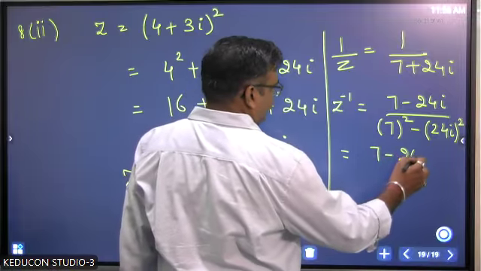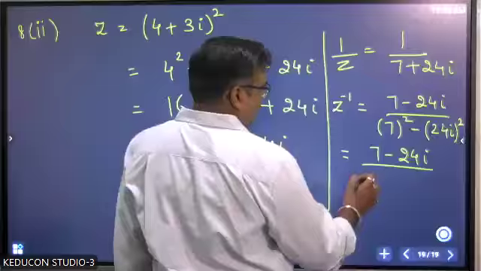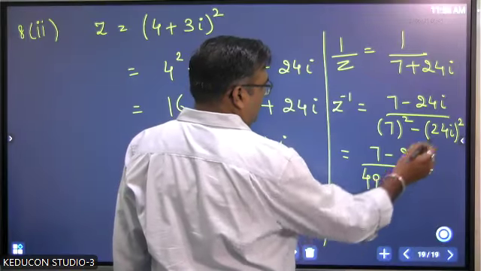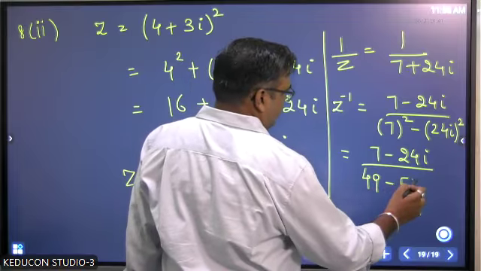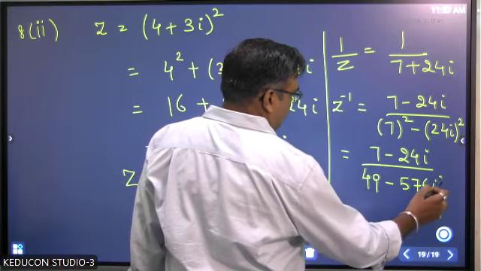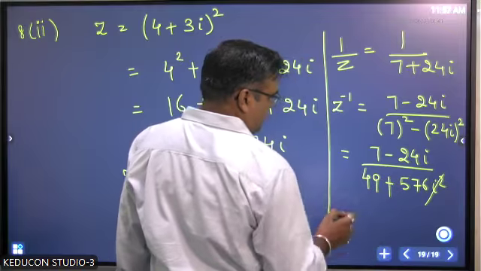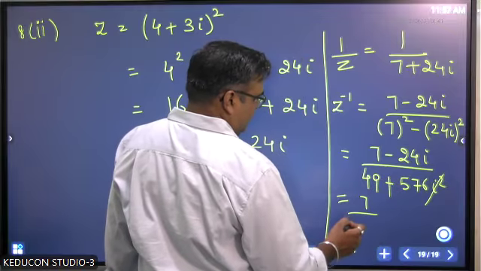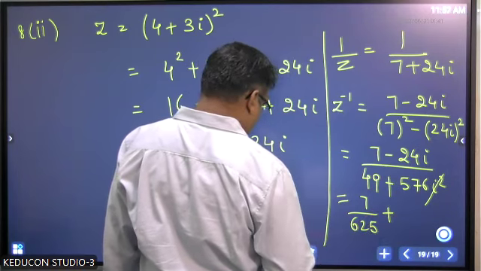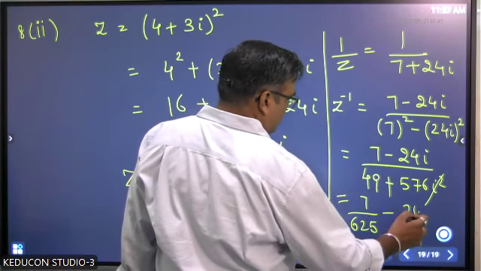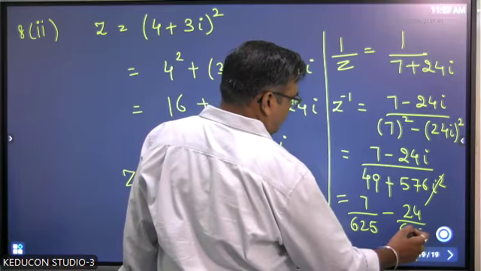7 square will be 49 minus 24 iota square, 576 i square. Removing i square, we will add. So 7/625 minus 24/625 iota.